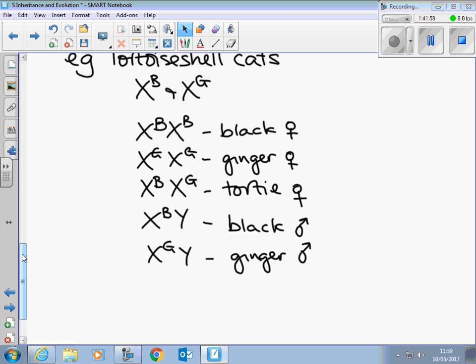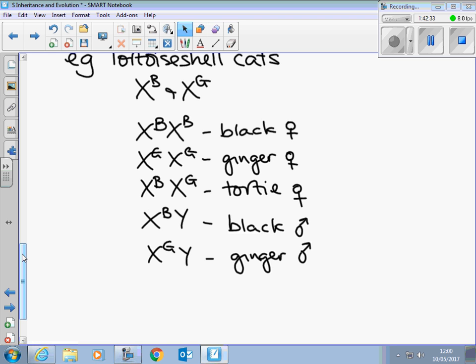With other examples of codominance, you'd have both colours being expressed at each location, which you might get if it was something like flower colour, and let's say you'd got a codominance between red and white. So you could have red flowers or white flowers or pink flowers. You do get that sort of effect sometimes. But with this, because it's on the X chromosomes, you're getting these very distinct patches where one or other of the X chromosomes gets switched off.